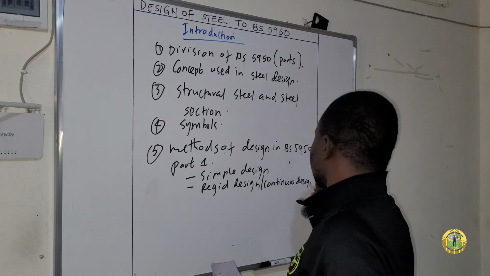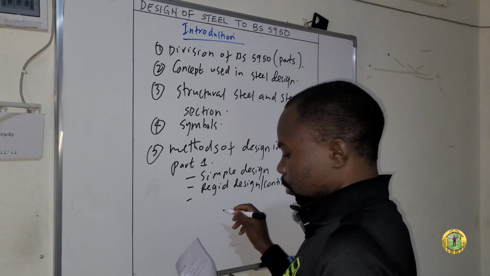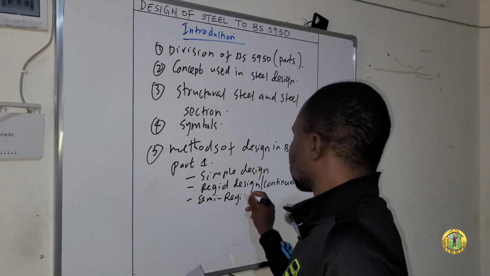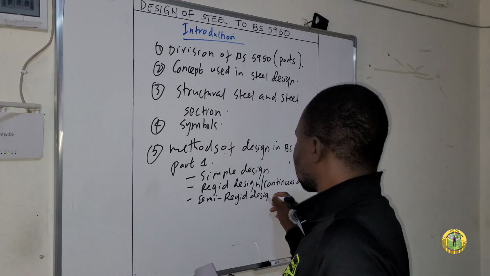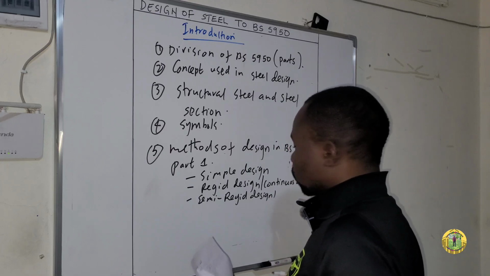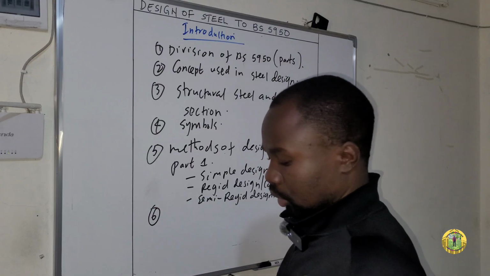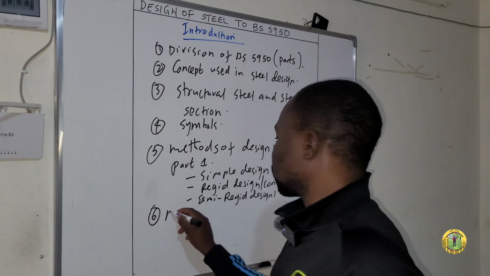Again, we have semi-rigid, or semi-continuous design. And then you have number six, material properties.